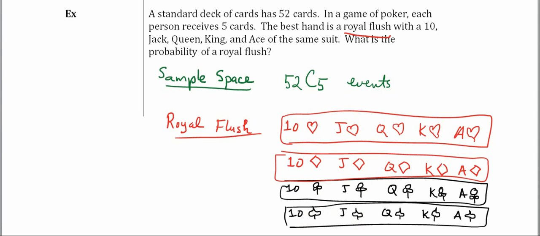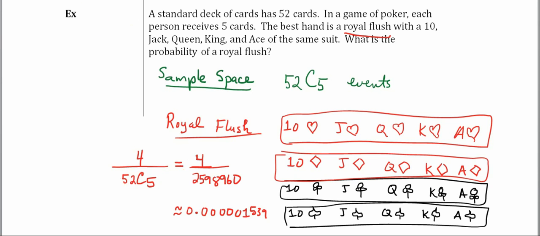And so the probability of a royal flush would be the number of particular events, in this case just 4, divided by 52 choose 5, which is a pretty large number. 52 choose 5 is 2,598,960.